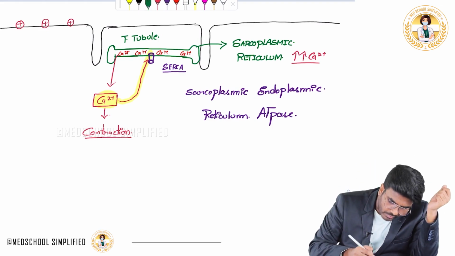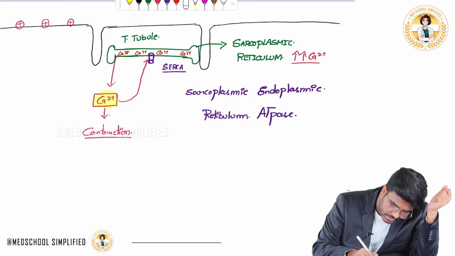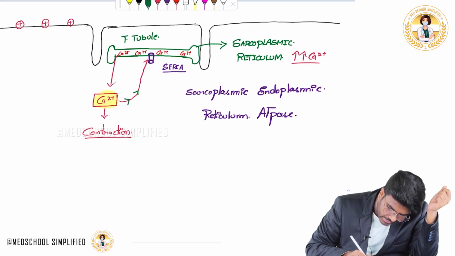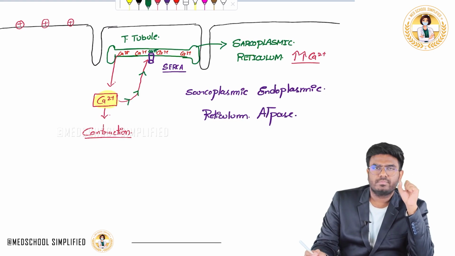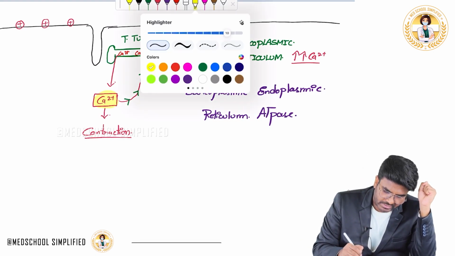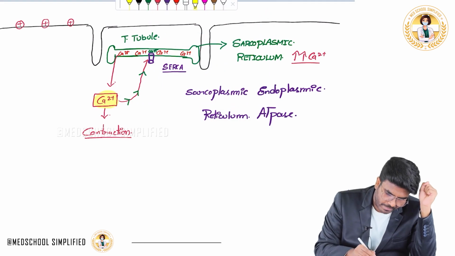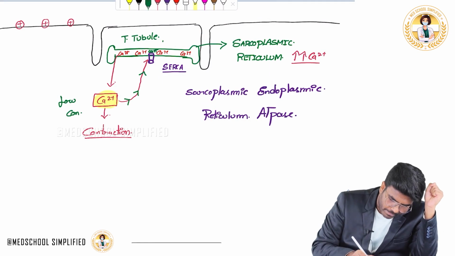So now tell me what it is doing. It is moving the calcium from low concentration to high concentration. Calcium is going back into the sarcoplasmic reticulum, where it gets concentrated. So a substance is moving from low concentration back to high concentration.